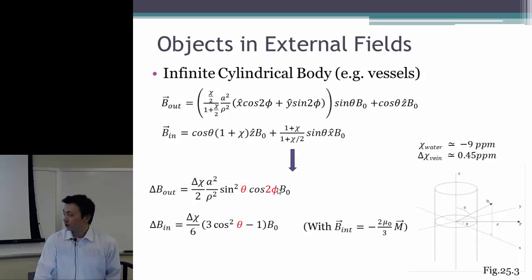For the external field distribution outside, it is also a function of the observation point. But for the field distribution inside the cylinder, it is only a function of the orientation angle. So the field inside the cylinder is also dependent on its own orientation.